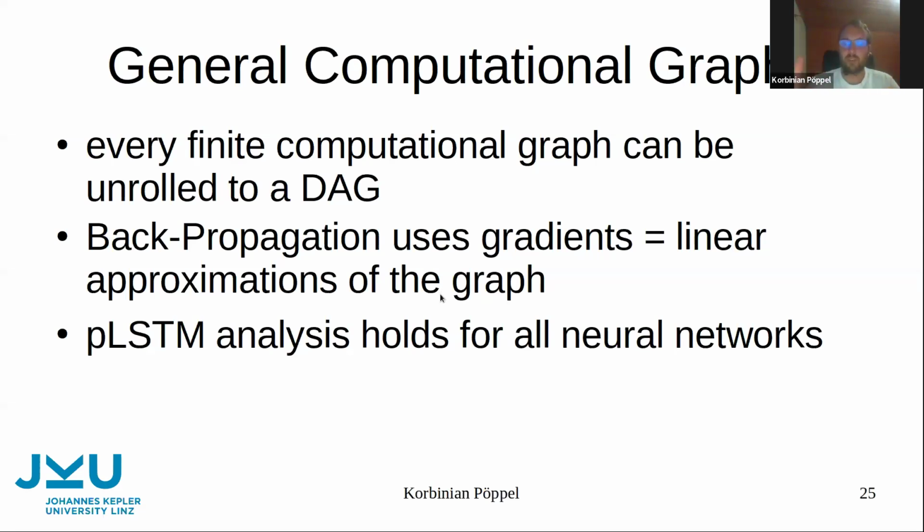And because it's all linear, this analysis of pLSTM applies and shows that probably in quite many typical neural network architectures, we have vanishing gradients, and we don't have a stable propagation for very long ranges. I think that this is also related to, for example, the positional bias of transformers when they're going very deep towards the first tokens.